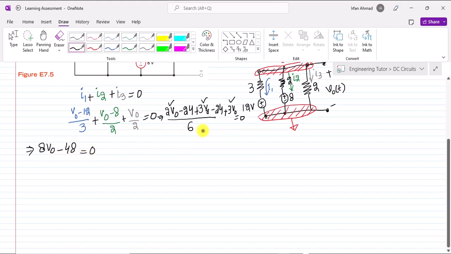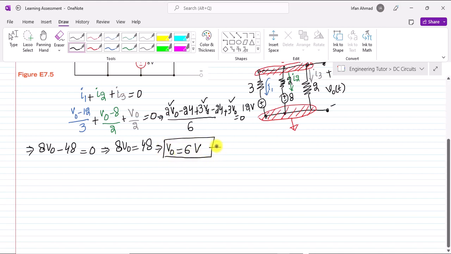So multiplying both sides by 6, I will get this expression. So here again 8V0 is equal to 48, or the value of V0 here will be 6 volt.